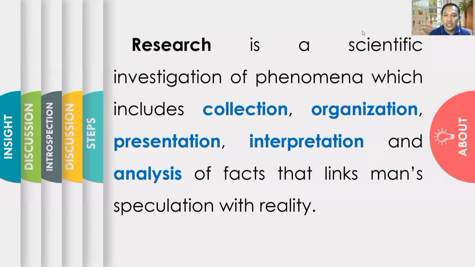When we are conducting an action research, we have the 5 skills, because it is a scientific investigation of phenomena, which includes, number 1, collection, the C. When we talk about collection, what we collect is the data coming from the participants.